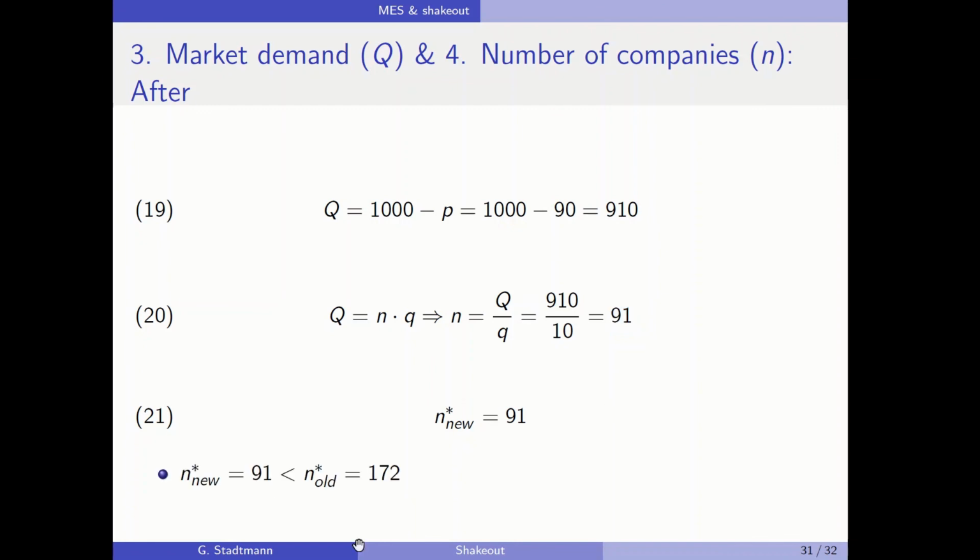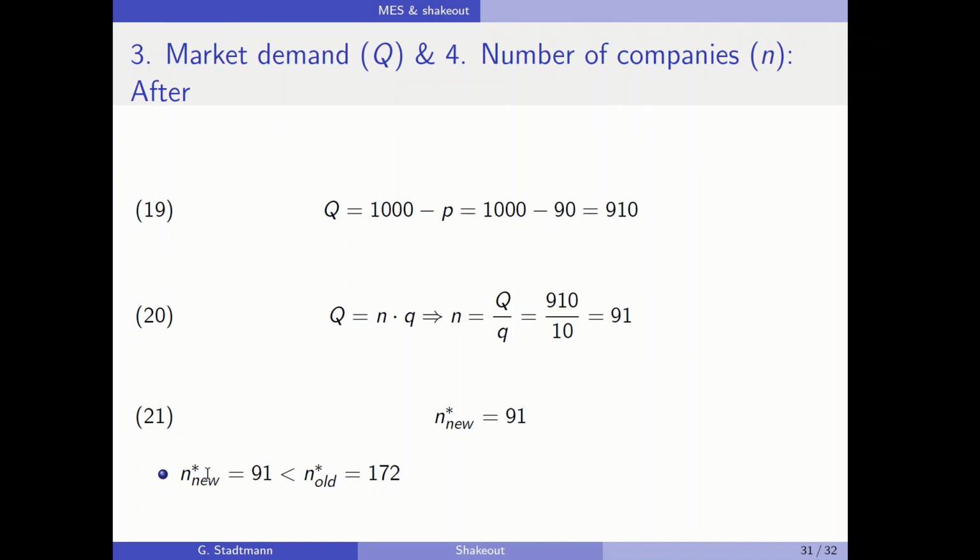We can see here that in this industry a shakeout has taken place. Before the innovation took place, which had an impact on the cost structure, 172 firms were operating, and after this innovation has taken place and some companies left the market, 91 firms still survive.